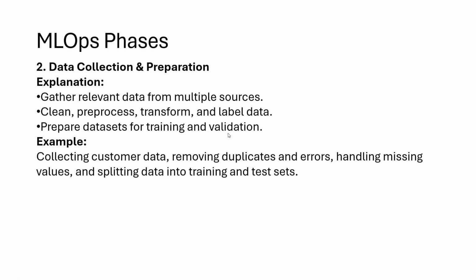The second phase: after you have a plan in place, you have to collect the data and prepare it. Data collection and preparation includes gathering relevant data from multiple sources, cleaning, pre-processing, transforming and labeling data, and preparing datasets for training and validation. An example can be collecting customer data, removing duplicates and errors, handling missing values, and splitting data into training and test sets.